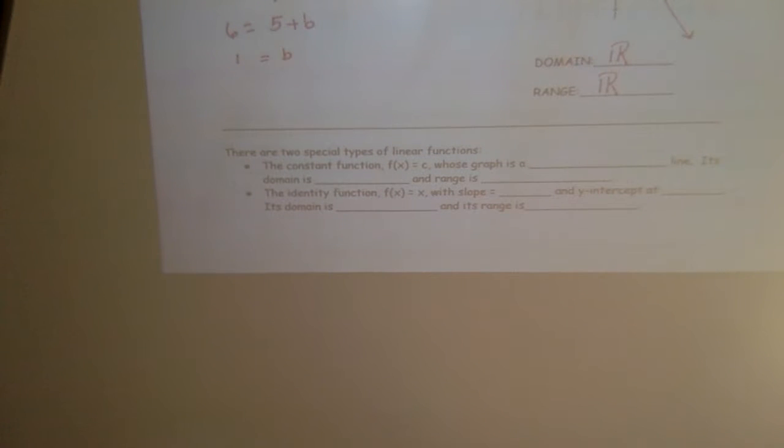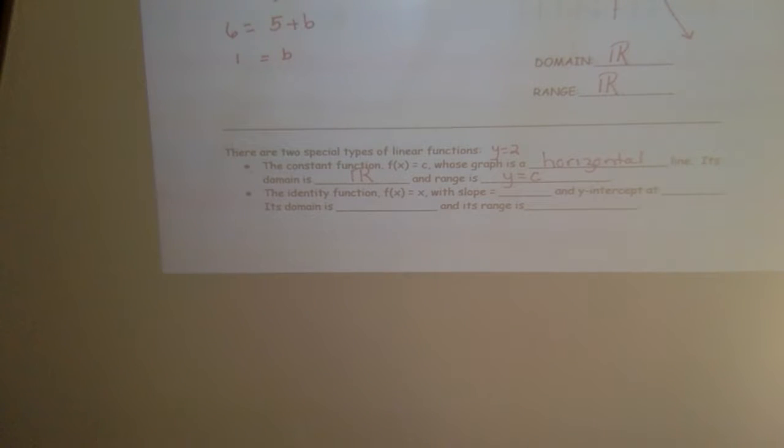But there are two special types of linear functions. The constant function f of x equals c. An example of this would be y equals 2, a horizontal line. Its domain is all reals, but its range is just y equals c, whatever that constant is.